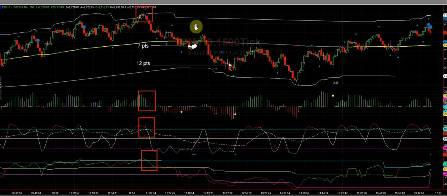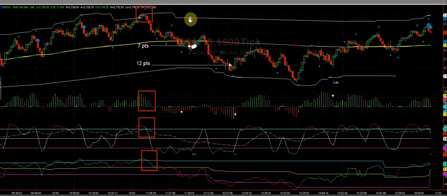Well, the way that we found this trade is we added these bands to the price bars. These are the contrarian bands or contrabands.